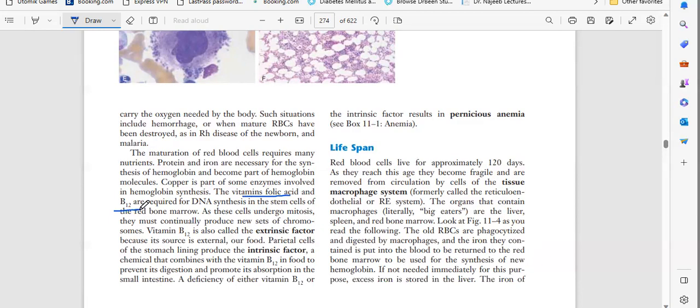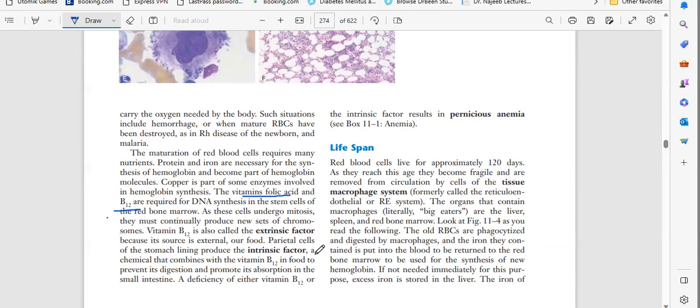These are two very important nutrients, which support the function of red blood cells.